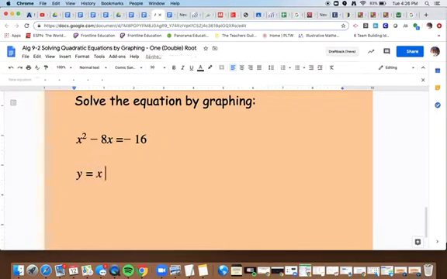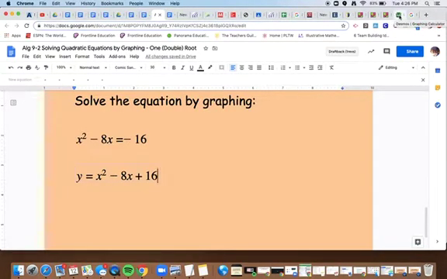Then we have our x squared, and it looks like the negative 8x is on the same side as the x squared, so the sign will stay the same. And then this negative 16 needs to go over here with everything else, so it's going to be positive. x squared minus 8x plus 16. So that is the equation we are going to use. We have it set equal to y, not equal to 0.